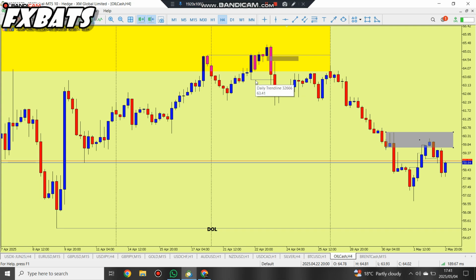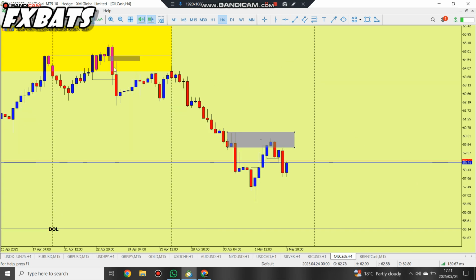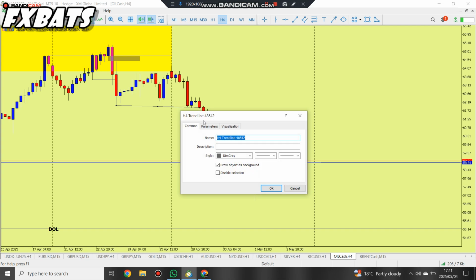This showed the zone of exhaustion, as we saw the bullish order flow shifting to bearish order flow, creating a bearish fair value gap. This is where we had it in mind that we are continuing to sell oil.